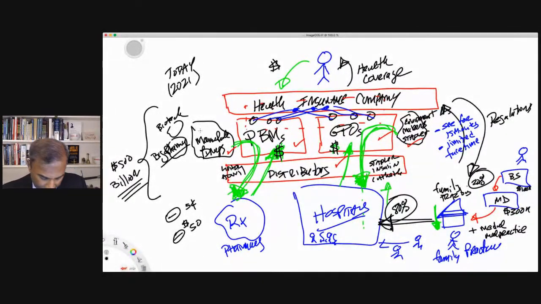These guys right here are funding political campaigns, okay? If you have the politician over here, right? I don't know where to put the politician, but you can imagine, I don't even want to put him here, but the PBMs and the GPOs, well, I can put him right here, okay? You have the politician right here. They put money into this guy.